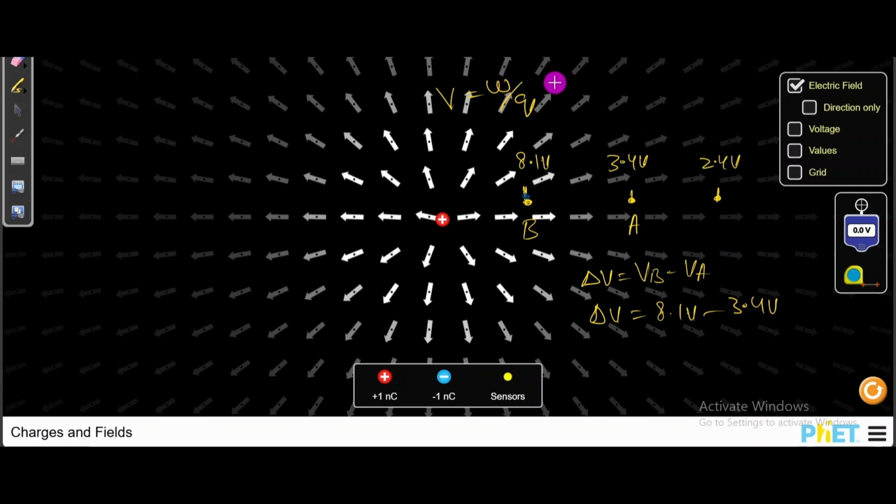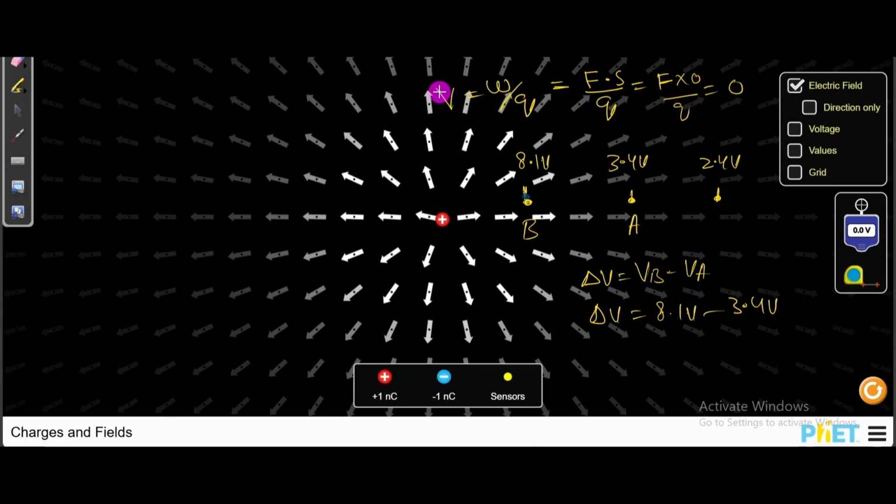Here work done is given by F dot S divided by charge. In this case, for a fixed point, this S will be zero, because for a fixed point, the distance or displacement covered will be zero. So F multiplied by 0 divided by Q, and in this case, the voltage becomes 0.